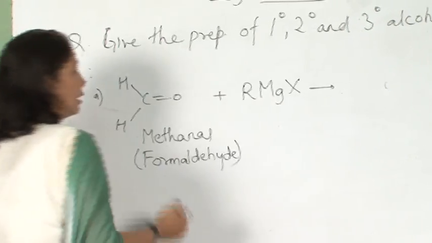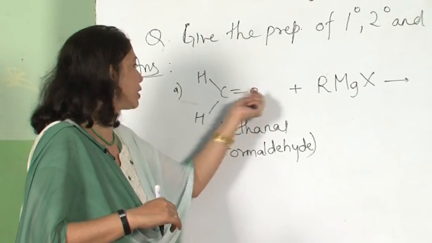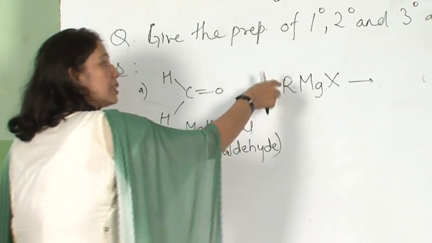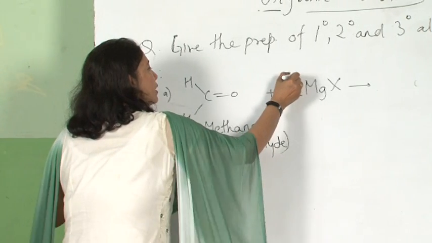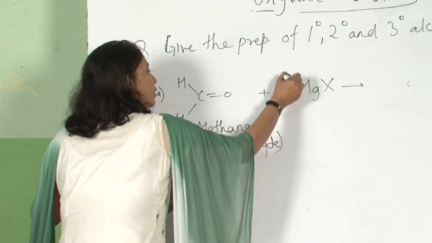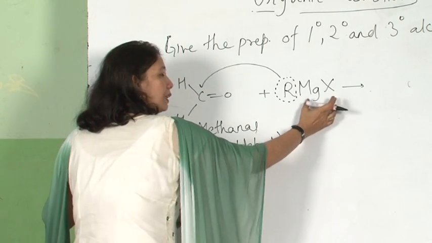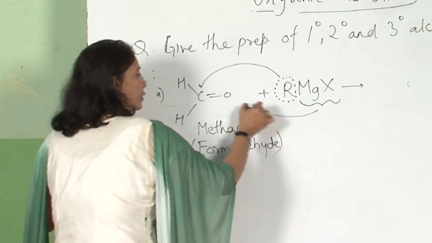Again in the same way, this oxygen is going to develop a negative charge, carbon a positive charge, whatever part is R. This R can be alkyl as well as aryl. This R part is going to get attached to the carbonyl carbon. The remaining part, the magnesium and the halide, is going to get attached to the oxygen.